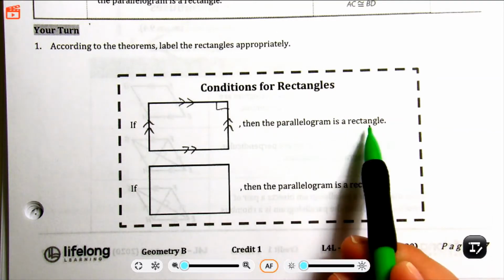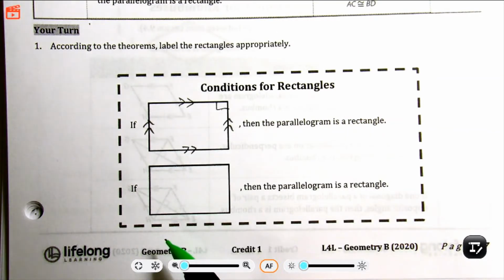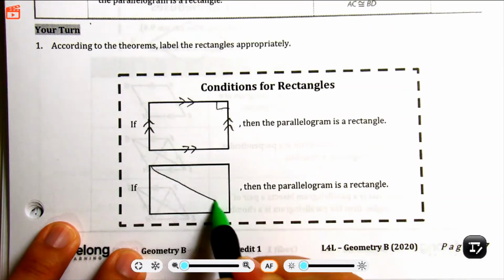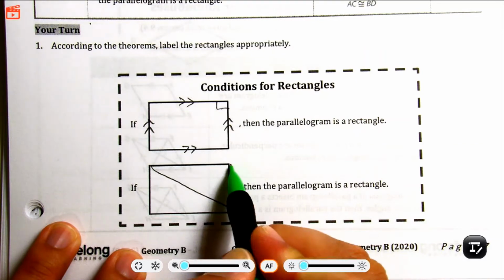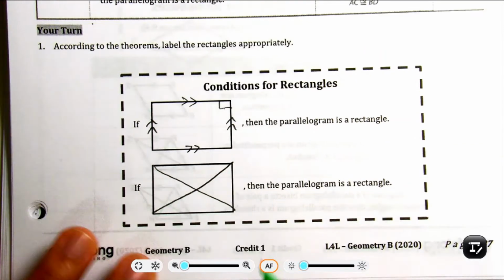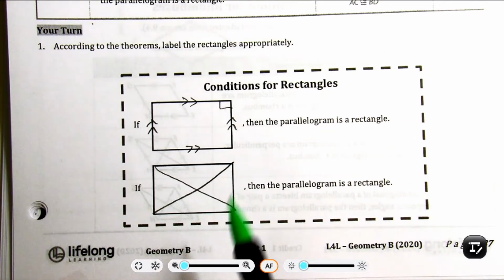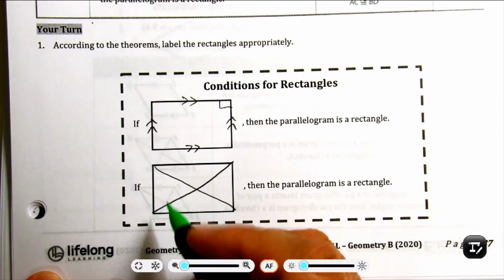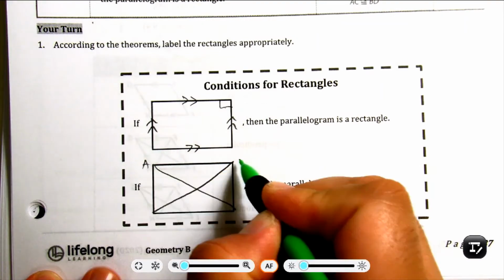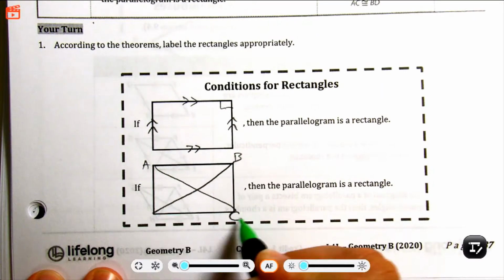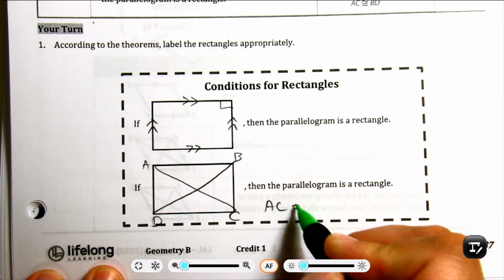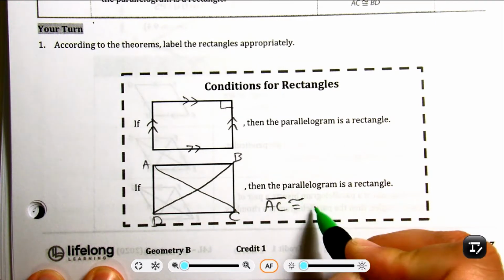Next, diagonals are congruent. So if you draw a line here and a line there, let's label this A, B, C, D. So if AC is congruent to BD.